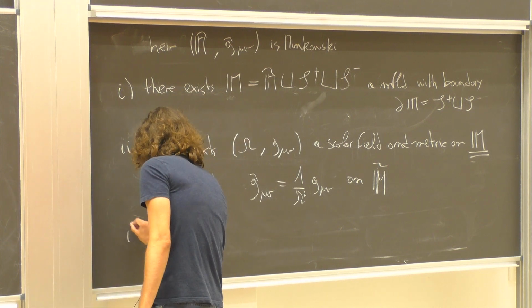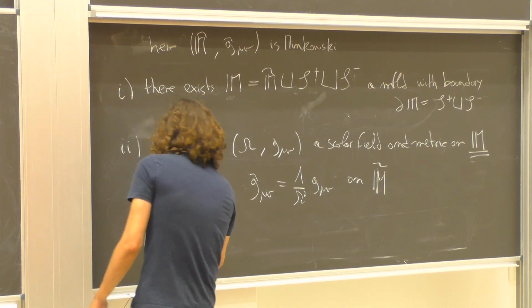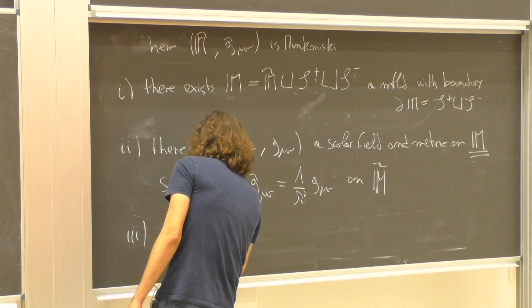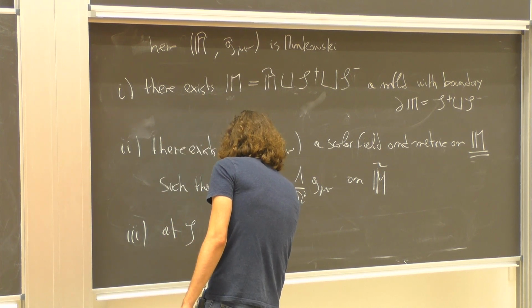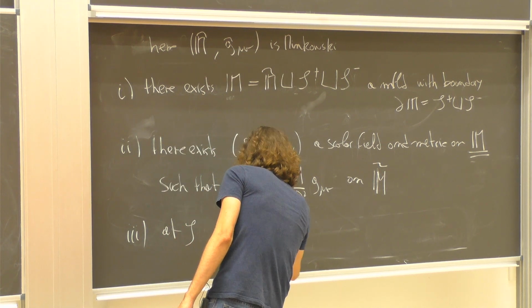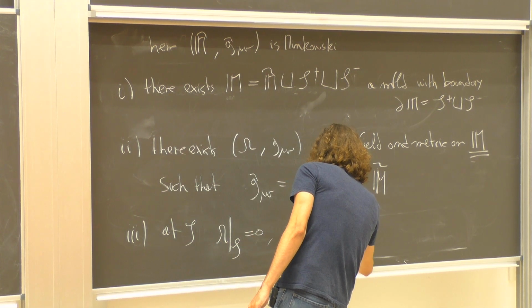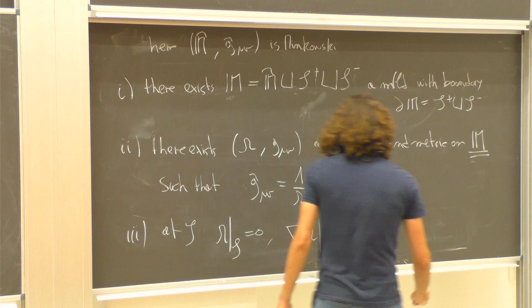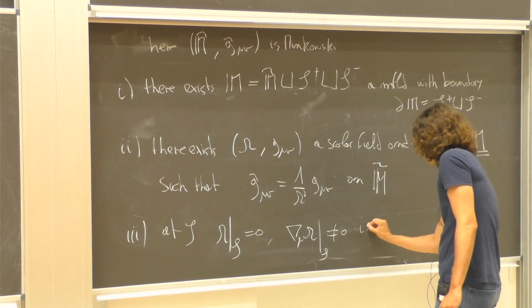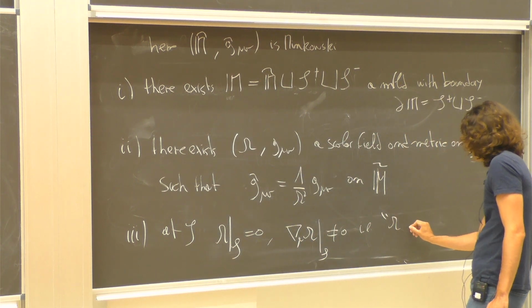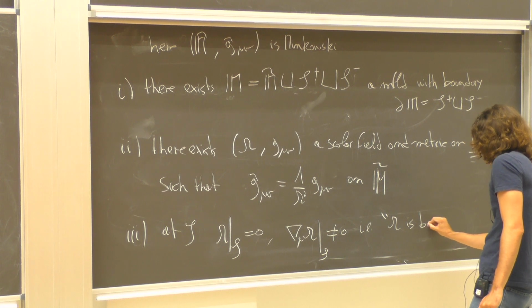It's also an important aspect that at scri, omega equals 0, but d mu omega is not 0. So we say that omega is boundary defining.